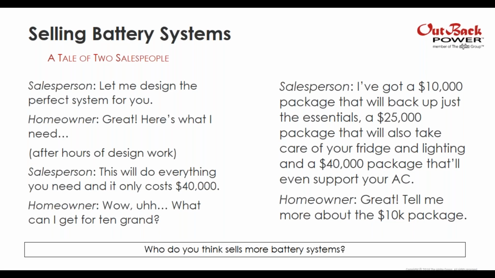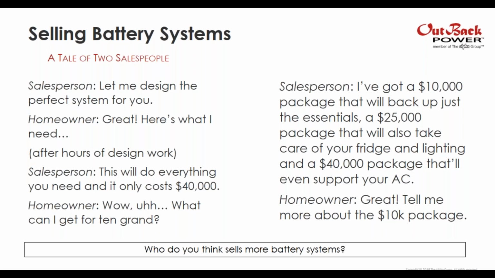What you do in this case is you come in and you present several options along with the pricing, and then you let the customer look at that and think about what they need before they start telling you, oh, I want it to power the whole house. I want the whole house backed up. Then when they see these systems and say, hey, having the whole house backed up is going to cost quite a bit, they're going to think a little more realistically about their goals. And if you let them do that without you having to tell them no, that helps them save face and makes you a good guy, not a bad guy.